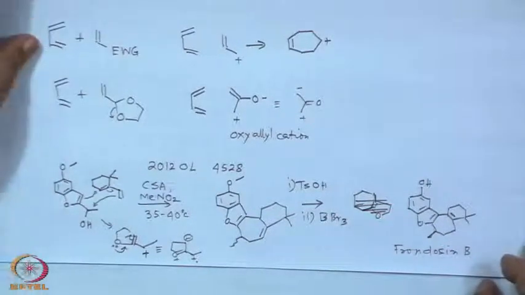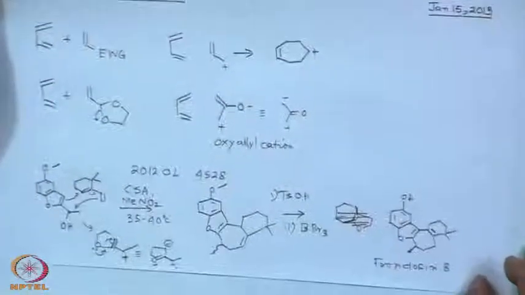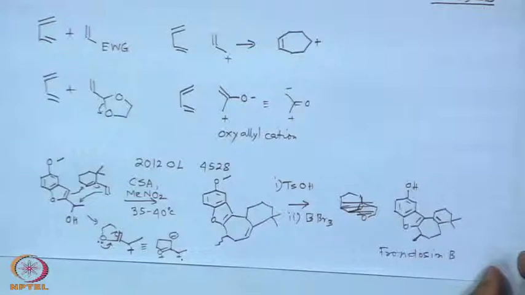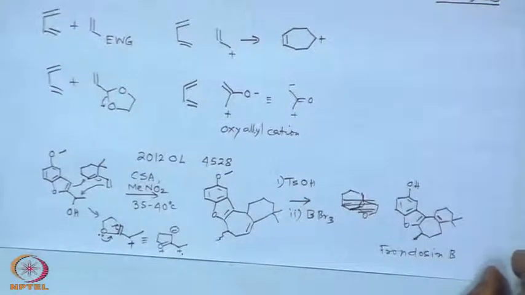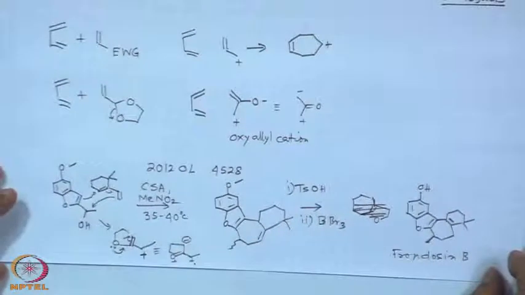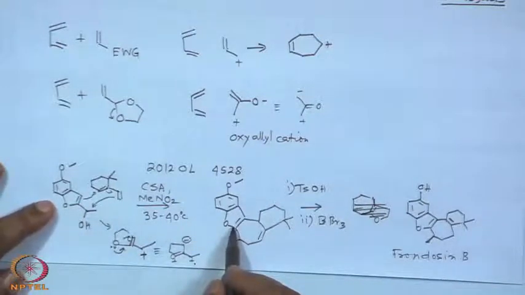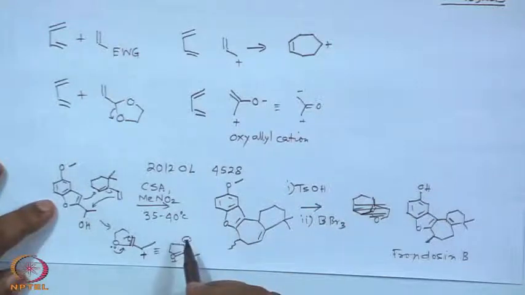And what else? What are the other things we learned from here? That means a simple allylic cation is sufficient to activate the substrate to participate in 4 plus 3 cycloaddition. Not only that, what you can see here is that although you have a furan, that furan double bond can participate in these 4 plus 3 cycloaddition reactions.